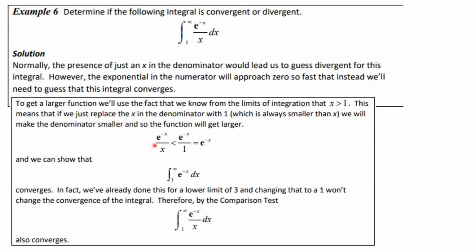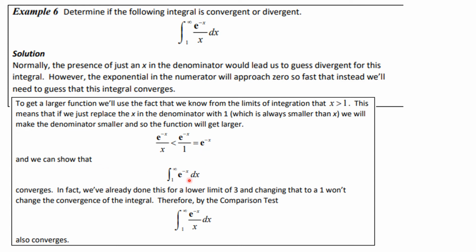Here, what we're doing is we have e to the minus x over x. And you see x is bigger than 1, so when I put x in the denominator, it makes the inequality go this way. So the integrand e to the minus x over x, for x bigger than 1, is less than e to the minus x.